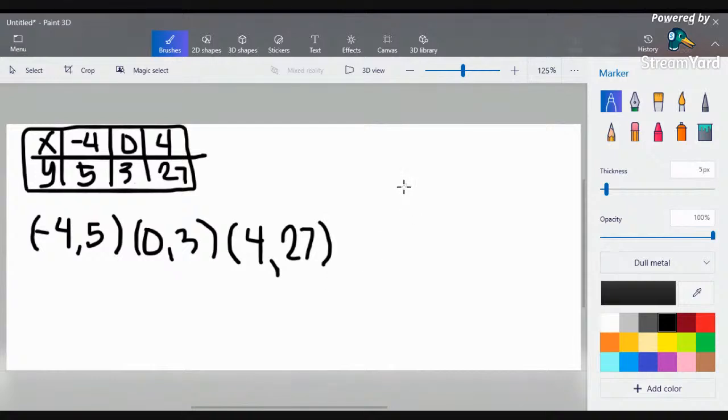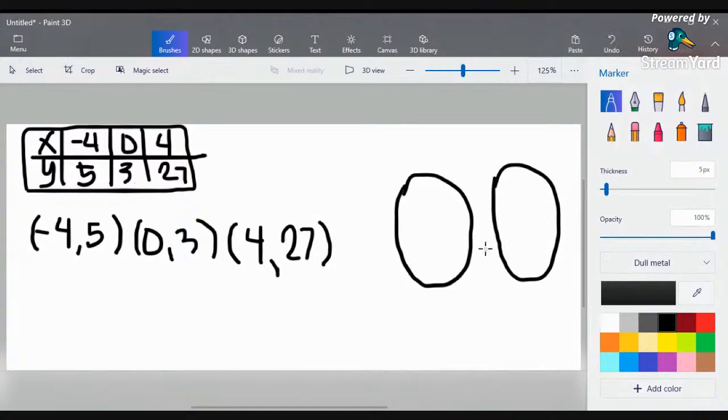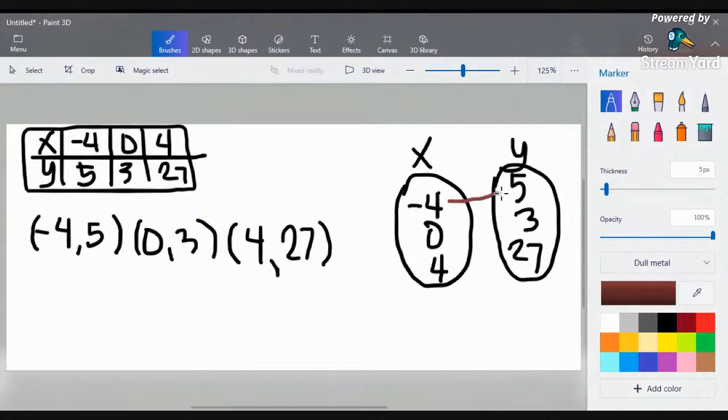Next, what are you going to do if you have to represent it through an arrow diagram? This will be the value of your x, and this will be the value of your y. Then we have the values -4, 0, and 4, and the values of your y are 5, 3, and 27. Then put arrows: -4 corresponds to 5, 0 corresponds to 3, and 4 corresponds to 27.